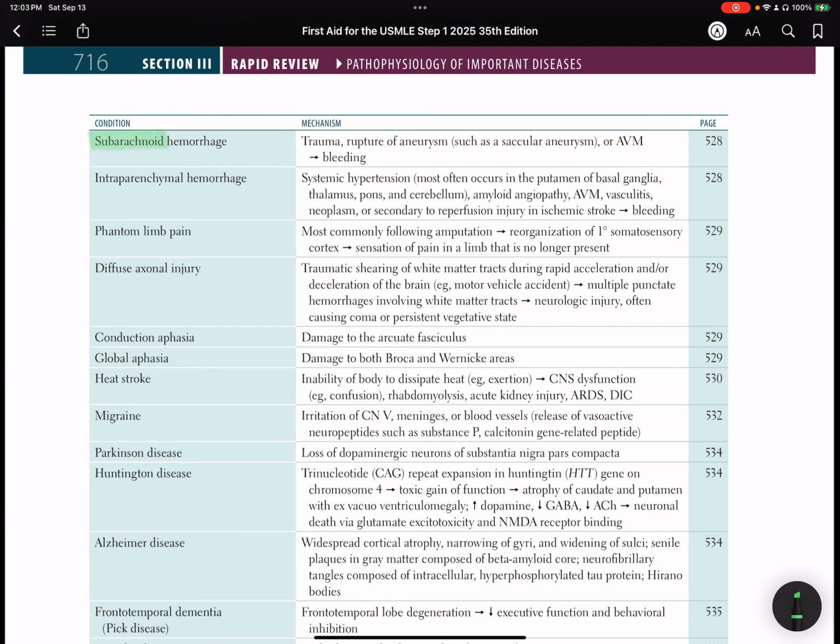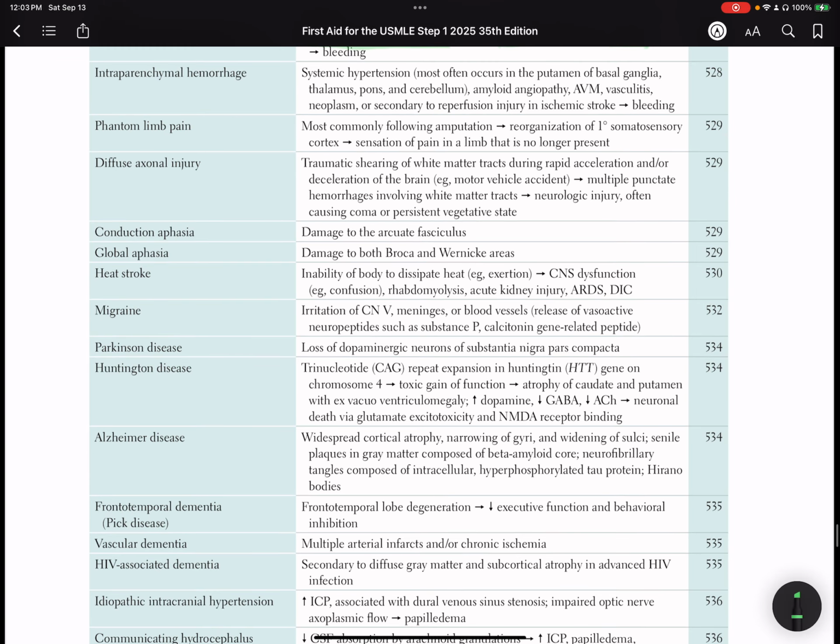Subarachnoid hemorrhage is caused by trauma or rupture of an aneurysm, such as a saccular aneurysm, or AVM, arteriovenous malformation, leading to bleeding. What causes intraparenchymal hemorrhage?